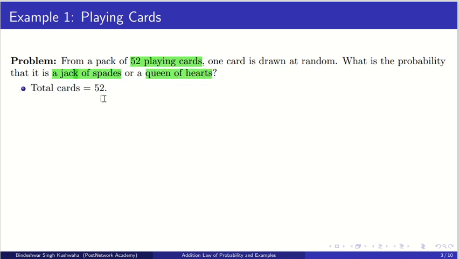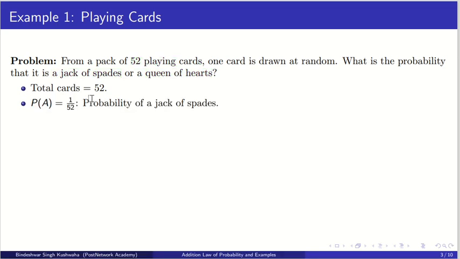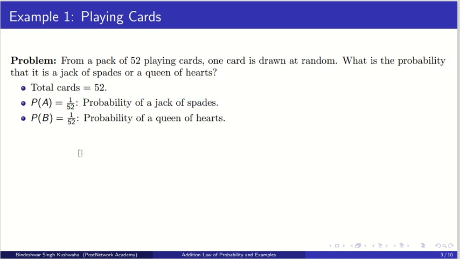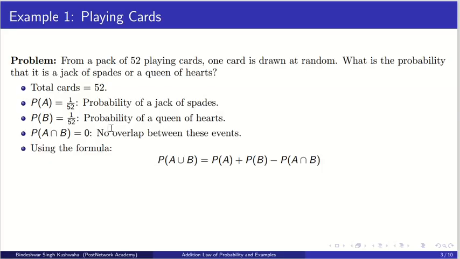So there are 52 total cards and the probability of a jack of spades is 1/52. Second, the probability of a queen of hearts is also 1/52, and there is no overlap between these events. So P(A ∩ B) would be 0.